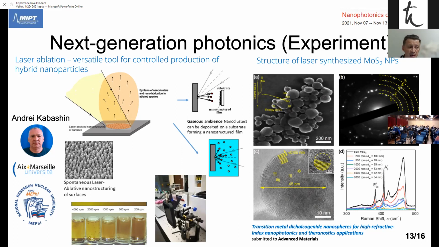As a result, we managed to produce high quality spherical MoS2 nanoparticles. Here you can see some images of the fabricated structures. We produced different colloidal solutions with particles of different sizes, from 5 nanometers up to hundreds of nanometers.